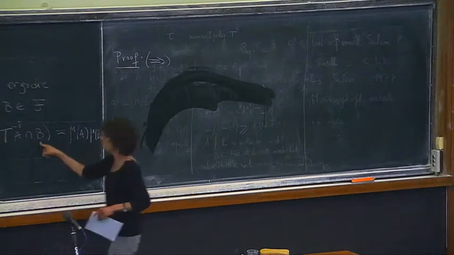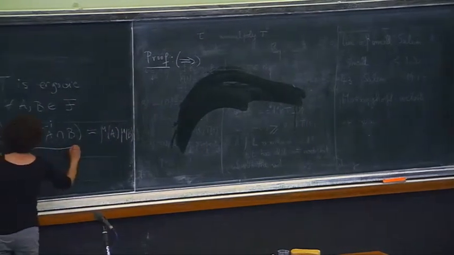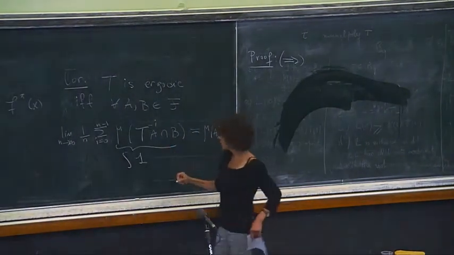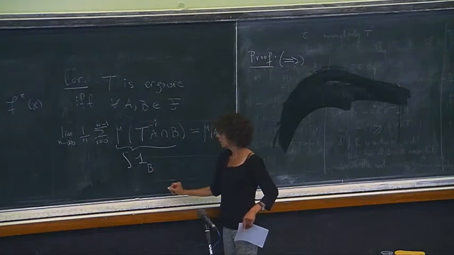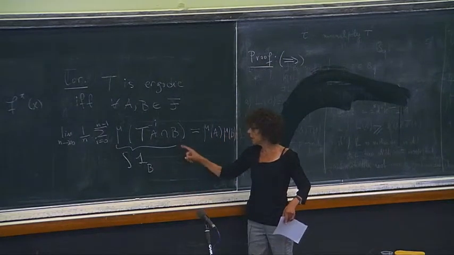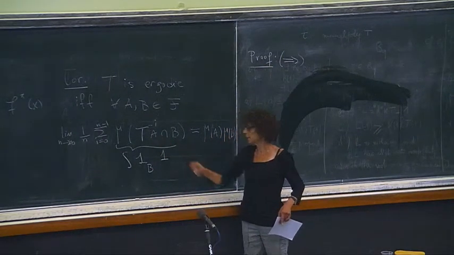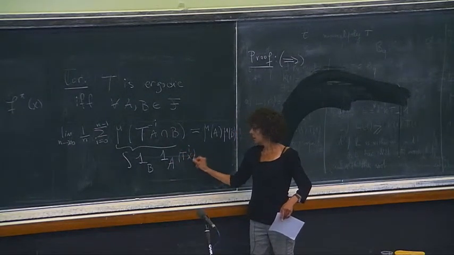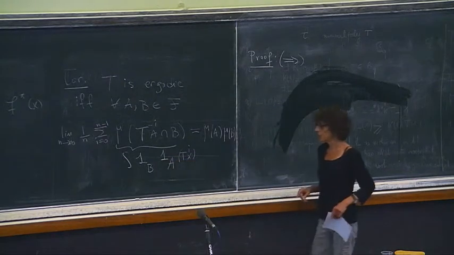So in fact, it's just the integral of the indicator function of this intersection, which is just a product, indicator of B, and then indicator of this set at x, which I can also write as indicator of A at T^i x. So this is the integral of these guys.